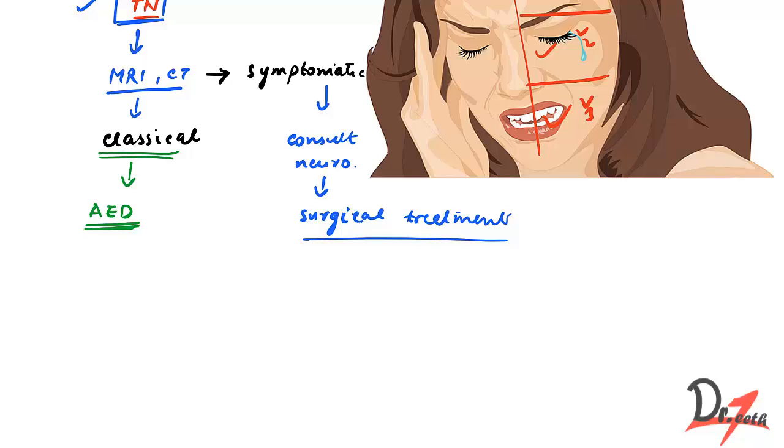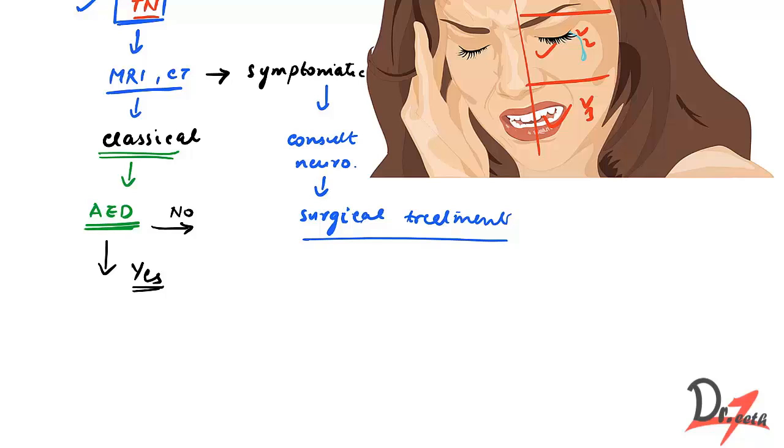It is a diagnostic indicator as well as it is used for the treatment of trigeminal neuralgia because the patient will respond to it. The pain will be relieved. So when you give AED, there could be 2 possibilities. Either the pain will be relieved, or Pushpa won't get pain relief.